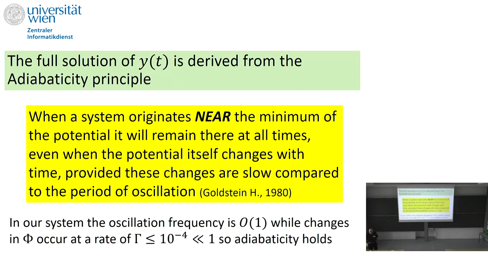In our case, the changes in the minimum occur with the changes in d, which takes place at the rate of 10 to the minus 4, or a time scale of 10 to the 4th, in terms of gamma. And the oscillations are basically order 1 until it reaches the equator. At the equator, of course, there is a transition, so the frequency becomes 0, so this is not small.